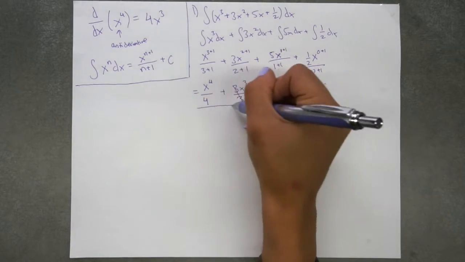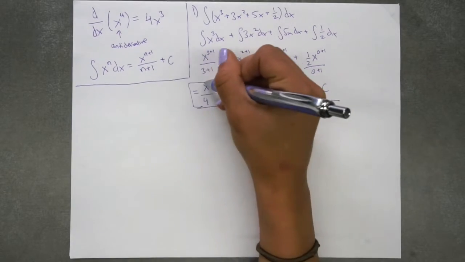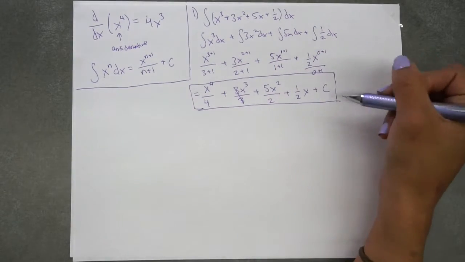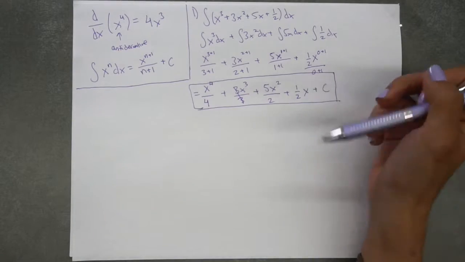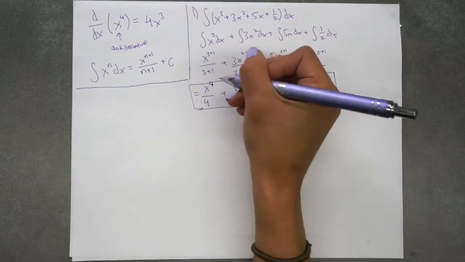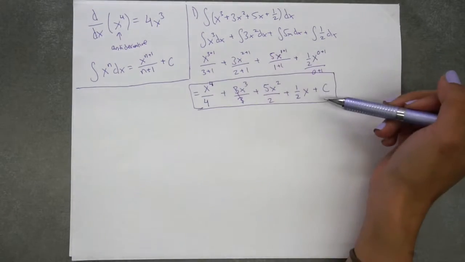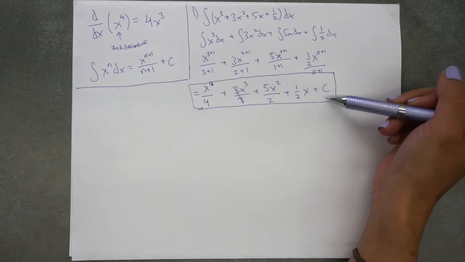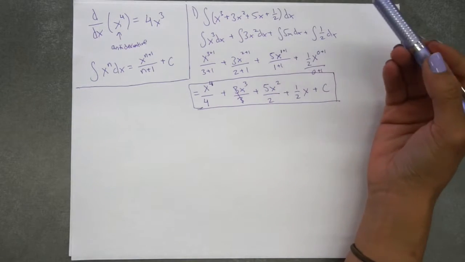And this would be your antiderivative of this. And if you ever want to check your antiderivatives, you can just take the derivative of it and you should get back what you integrated.